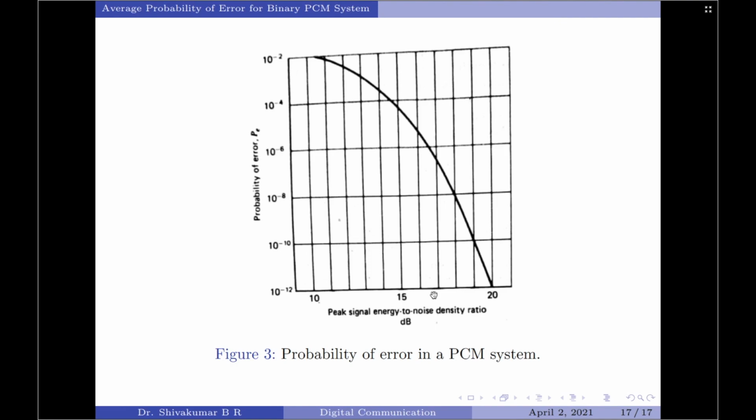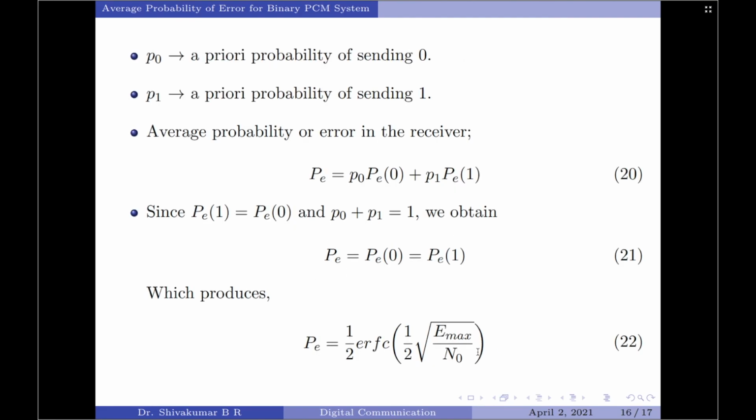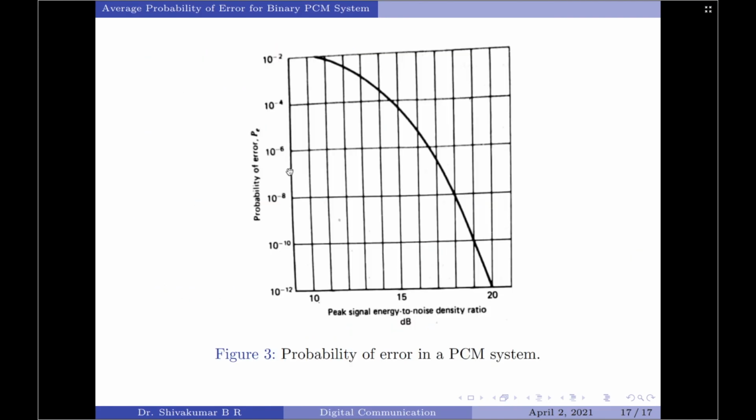In other words, provided that the peak signal energy to noise density ratio, which is Emax by N0, exceeds the error threshold, for the 10 to the power of minus 6 case it is 17 dB, then the channel noise has virtually no effect on the receiver performance, which is precisely the goal of PCM. However, you should note, if this ratio drops below the threshold, there is a sharp increase in the rate at which the errors will occur at the receiver. Right. So that is about the derivation for the average probability of error for a binary PCM system.